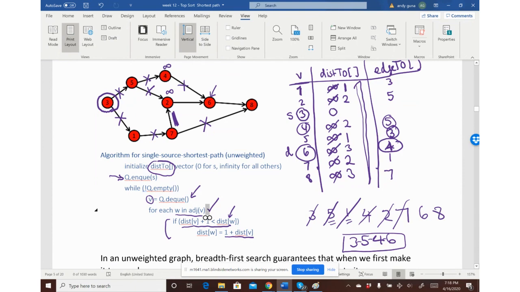In order to get the path, I only need to know from which node I came to the shortest path. That's very important. Okay, 3, 5, 4, 6. Can you do the same and find the shortest path to 8?